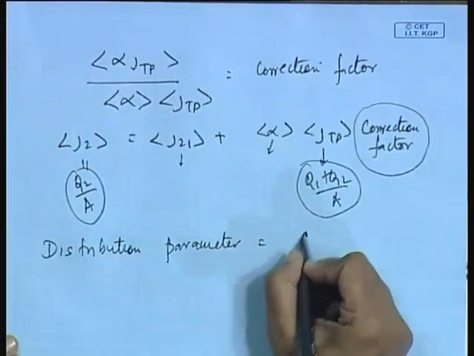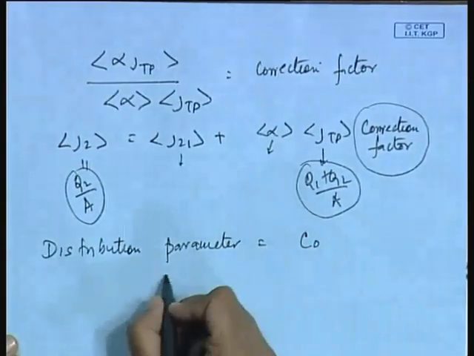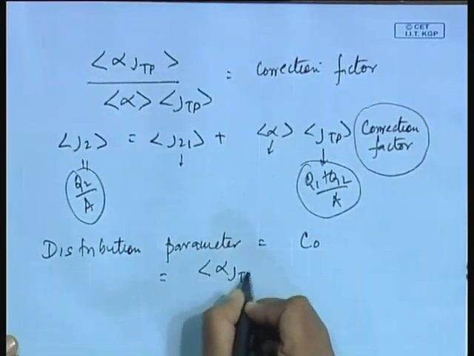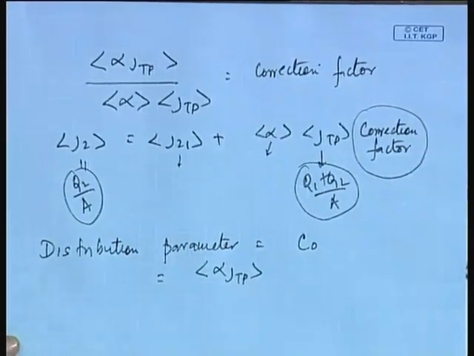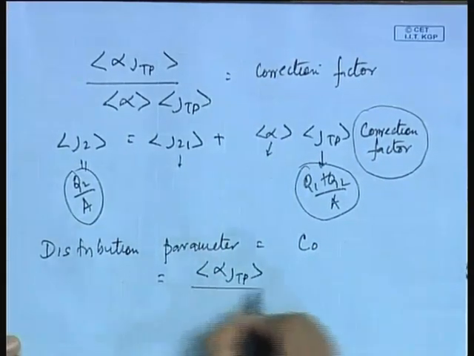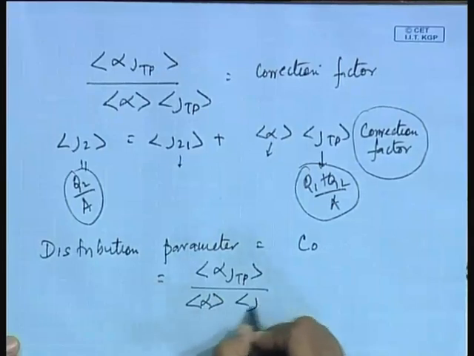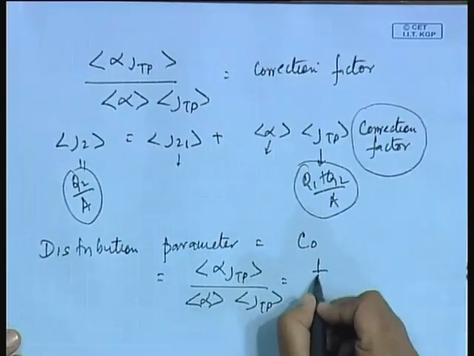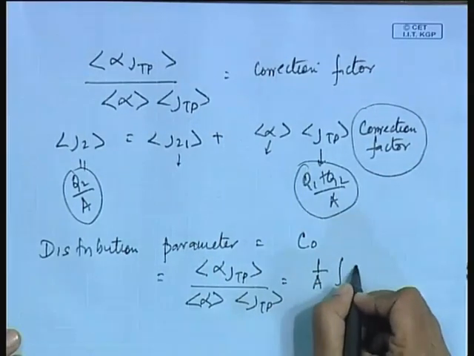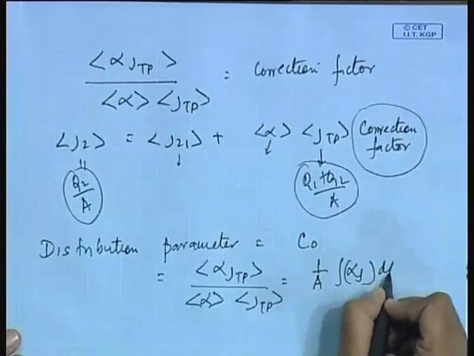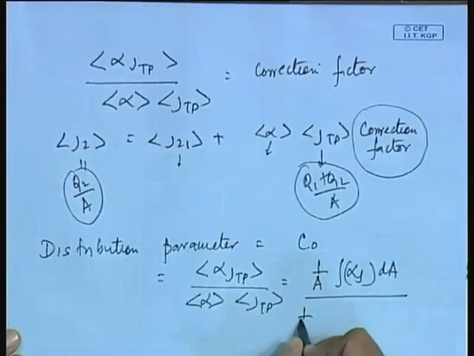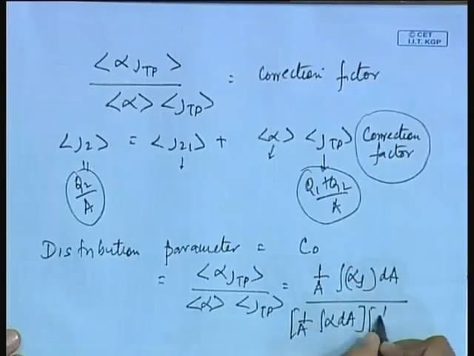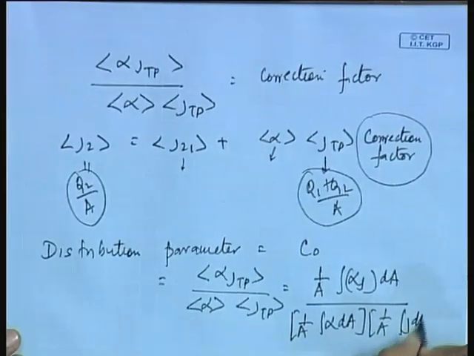This is defined as C0, which can be defined as alpha J over alpha times J. This is the definition, or in other words, if you break it down, it is 1 by A integral alpha j dA divided by 1 by A integral alpha dA into 1 by A integral j dA.